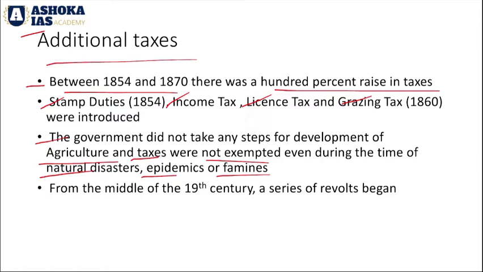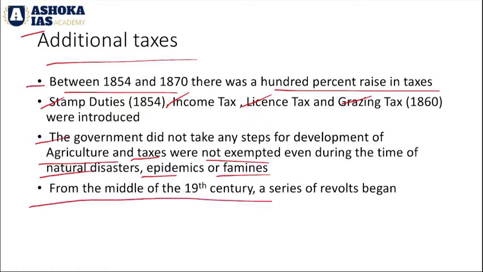On one hand, the government was increasing the taxes, whereas on the other hand, they didn't take any steps for the development of agriculture. So the agriculture production was going low, whereas the taxes were increasing. So the peasants were unable to pay.